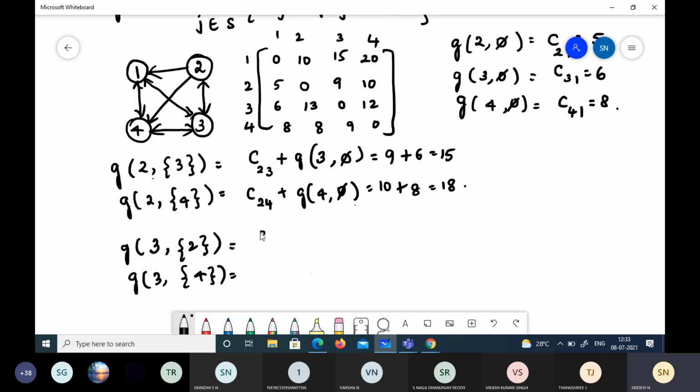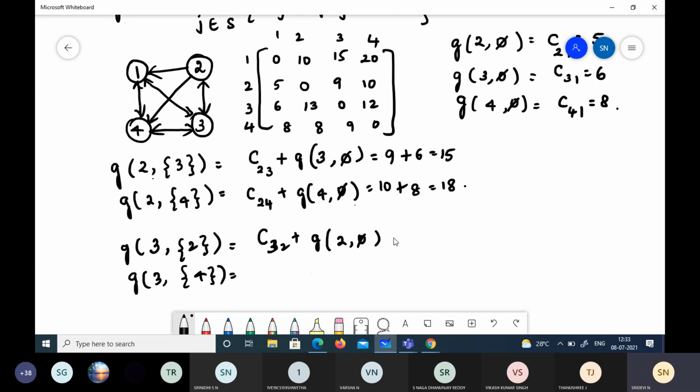Okay, so this becomes C of 3, 2 plus G of 2, 5.